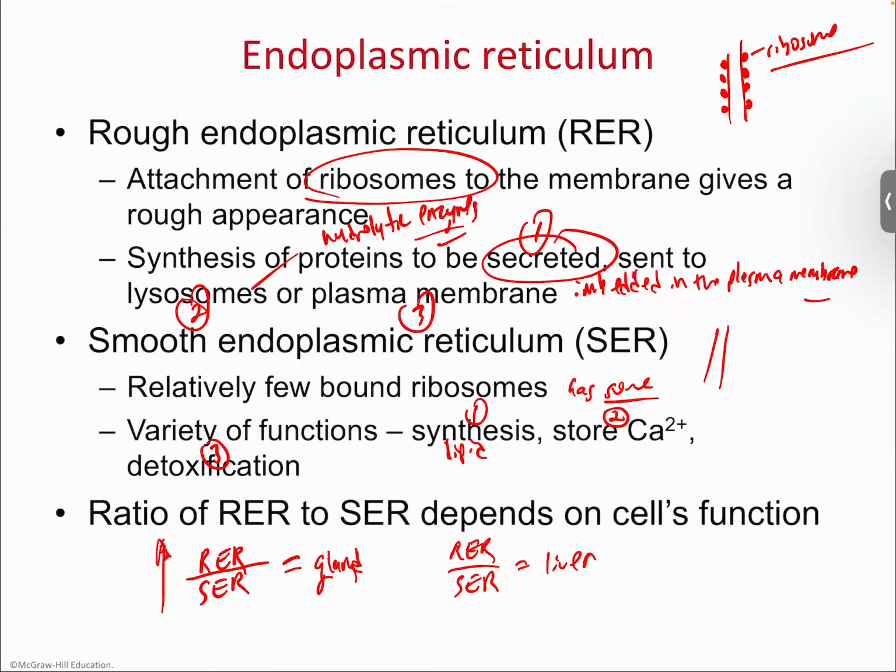High, right? Because you have a ton of rough ER, because your job is to secrete. You're making a lot of secretory proteins. What about the liver? We just talked about that one. This one would be lower, right? Because you'd have more SER instead of RER, because you're detoxifying.